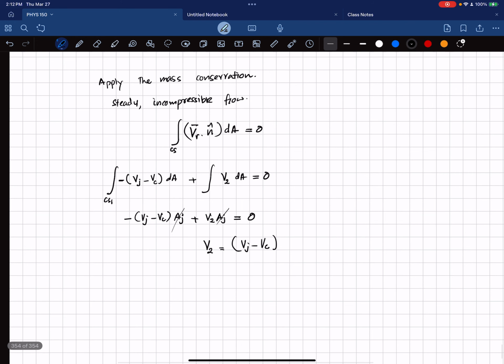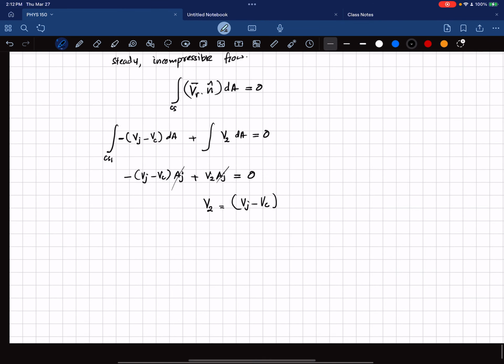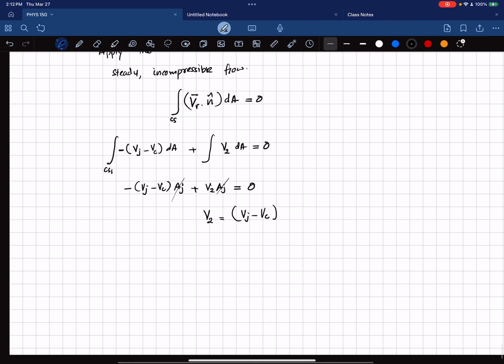Now we have that, and then we can write the equation in the x direction. Apply the linear momentum equation.